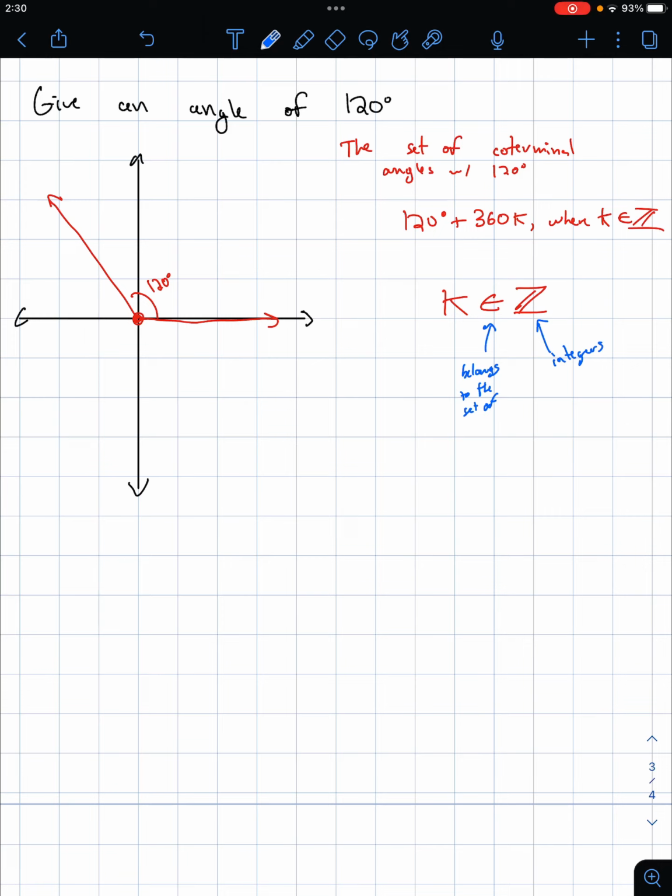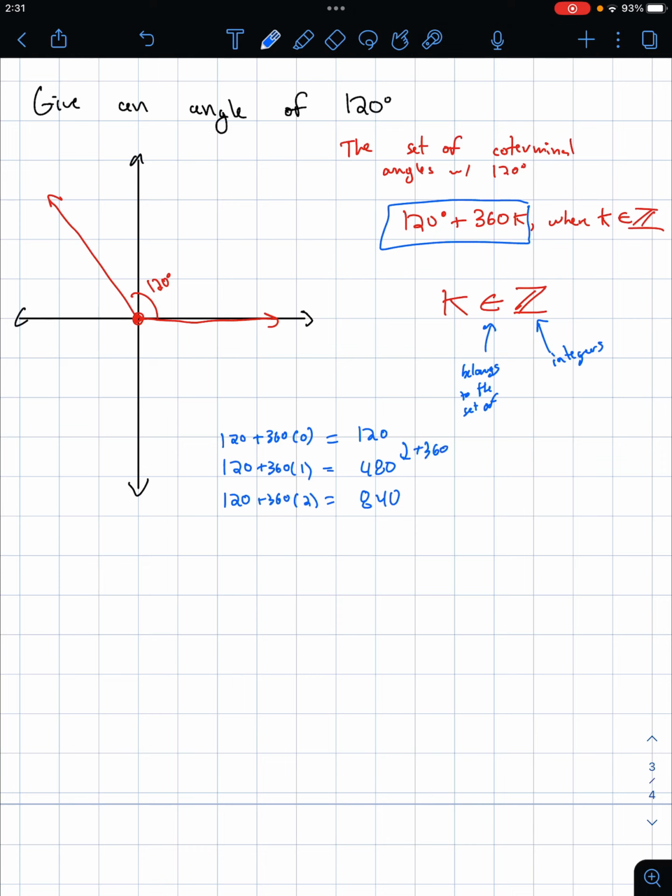And that means that this describes all of our possible angles, right? We could have 120 plus 360 times 1, which would be 480. We could have 120 plus 360 times 2, which would be 840. We could have 120 plus 360 times 0, which is 120, right?